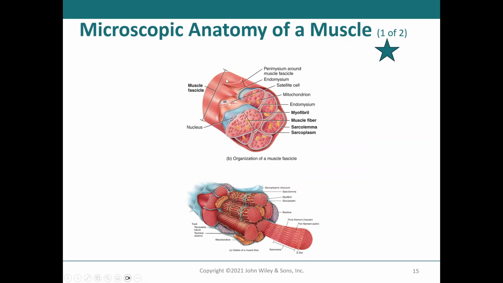So when we look at the microscopic view of a muscle fiber, the important things that we need to see are going to be the structures that are connecting it to the other muscle fibers, and that's important because we don't want just one muscle fiber to be acting.